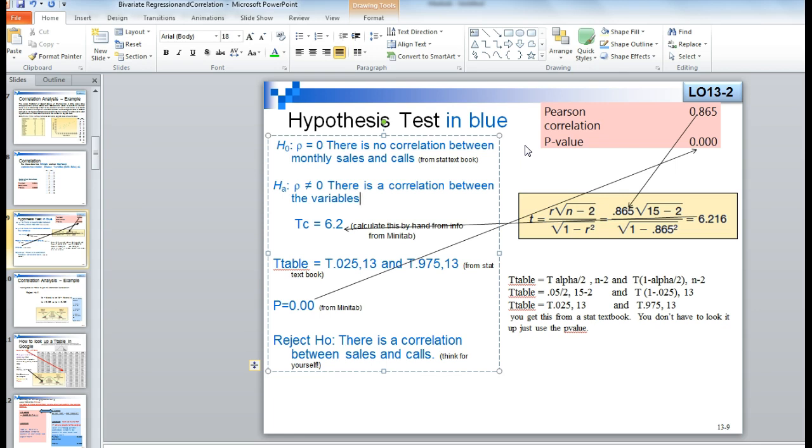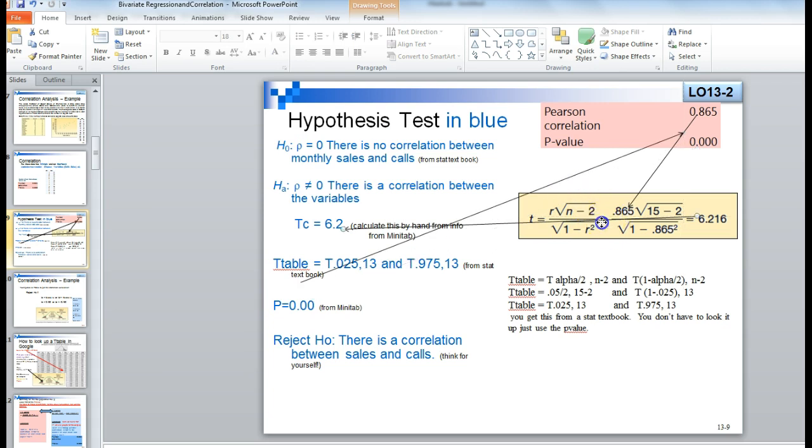In this case, my R was 0.865. So this is a formula: T computed equals r multiplied by the square root of n minus 2, divided by the square root of 1 minus r squared. So we have to actually put r from Minitab into this equation.